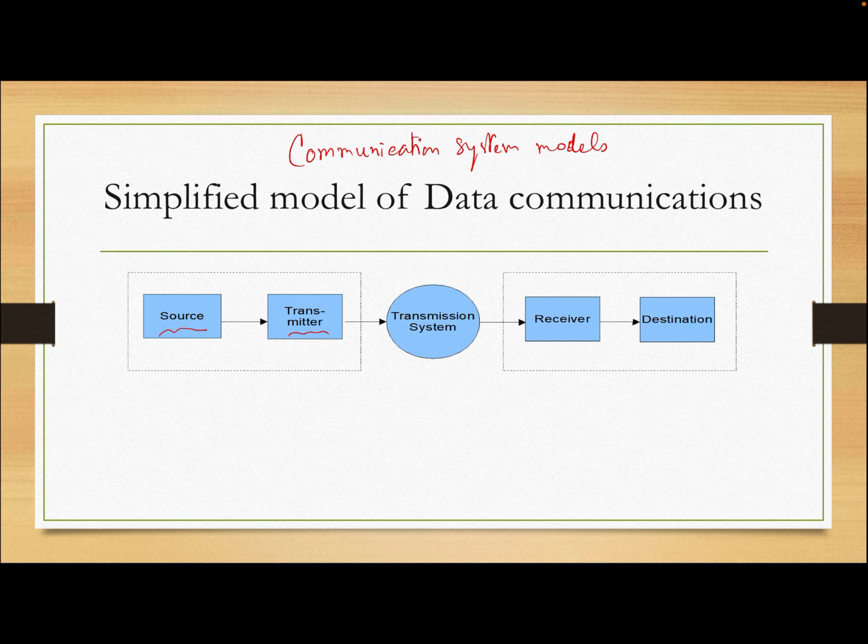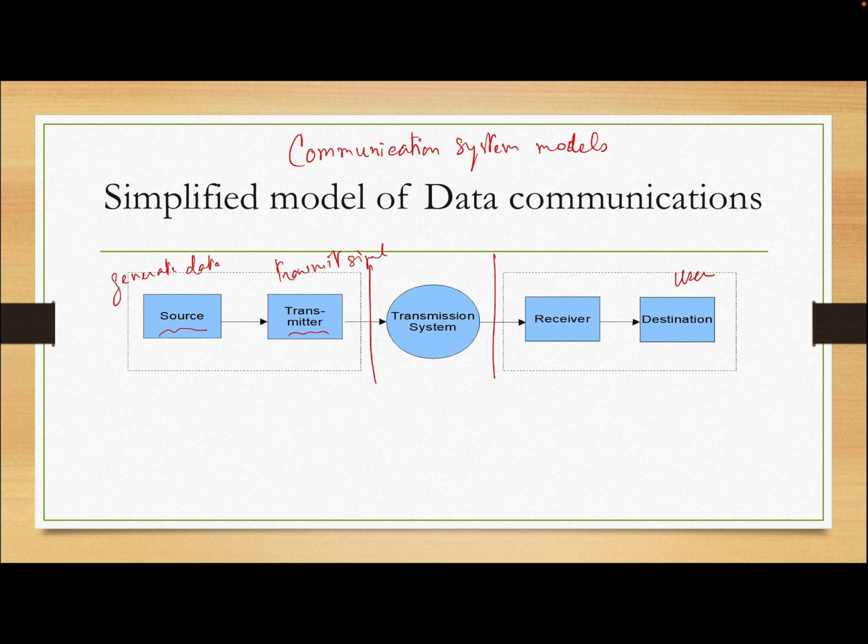Transmitter is the one who transmits the signal. And then I have receivers, who receive the signal, and the destination is the user who will use the signal, the data, that you want to send to.